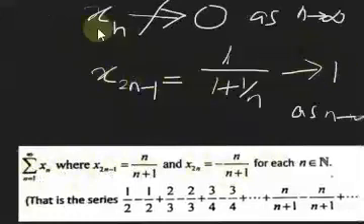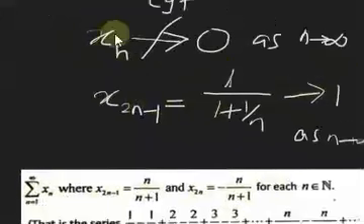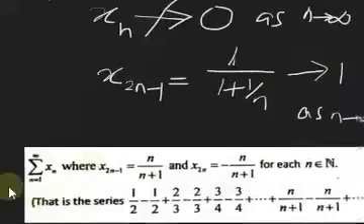That means the original sequence does not go to 0 as n tends to infinity. Therefore, this series is not convergent. Right? I hope you understood this problem here. Right? Alright. See you in another video.